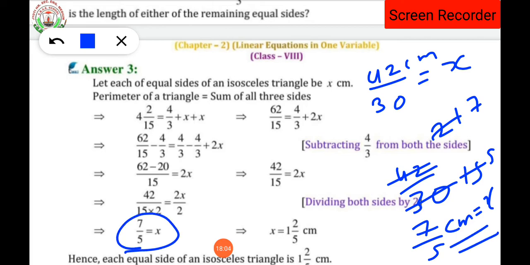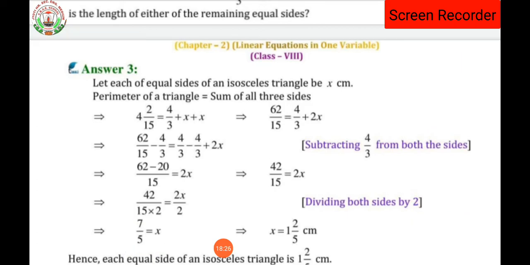Clear? Now this 7 upon 5 is changed into a mixed fraction form, that is 1 2 by 5. The value of x is 7 upon 5. The 7 upon 5 is changed into the mixed fraction form as 1 2 by 5 centimeter.